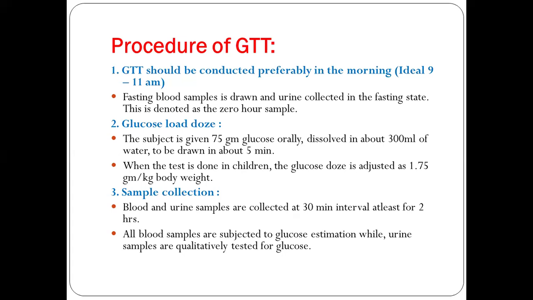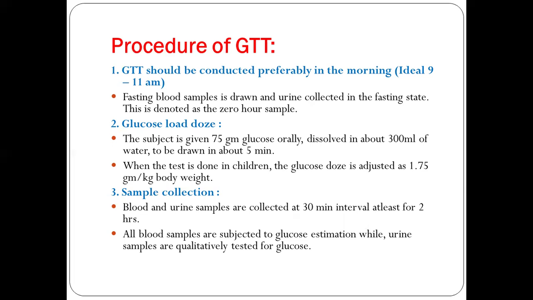Once the patient visits the hospital or laboratory, make sure the patient has had overnight fasting and collect the blood sample as well as the urine sample, and mark that sample as the 0-hour sample. Okay, so that sample is the 0-hour sample.